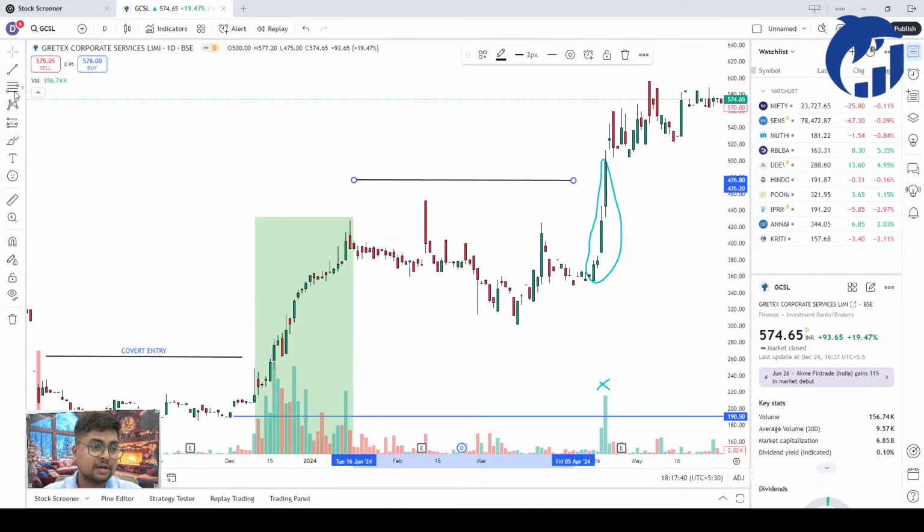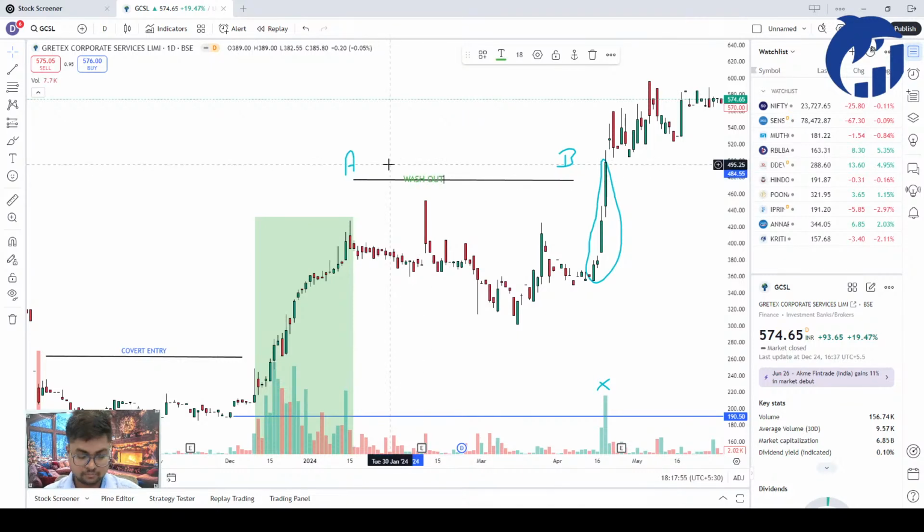I will just make a good point to make you more clear. From point A to B, we have a washout period. This is called the washout period, where retailers get out. Washout of retailers.